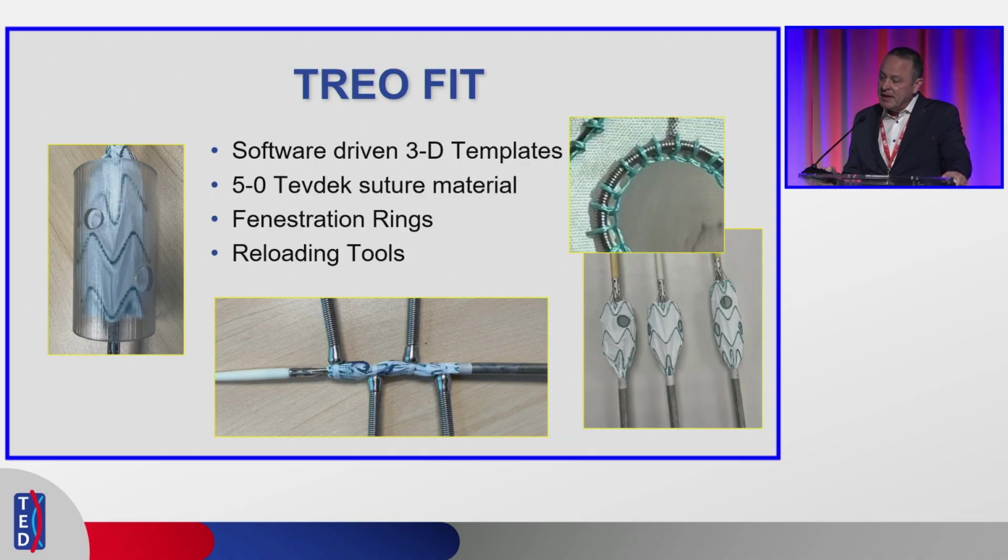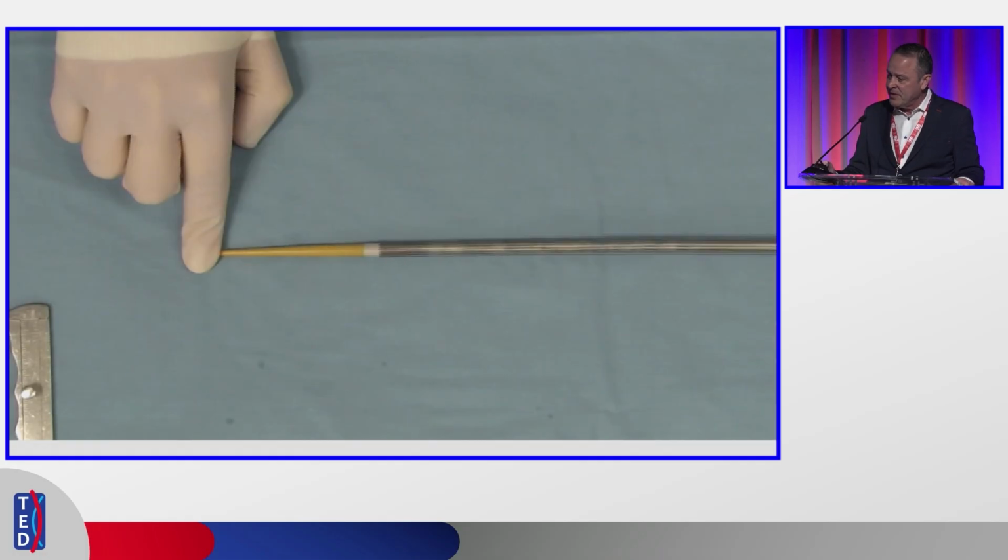So, TreoFit. We now have software-driven 3D printed templates. We use standardized materials, including 5/0 Tevdek suture, which is what they use on the graft. We use fenestration rings that are reinforced, and you can see those 3 physician-modified endografts in the bottom right panel. I'm going to speed this video up for the sake of time.